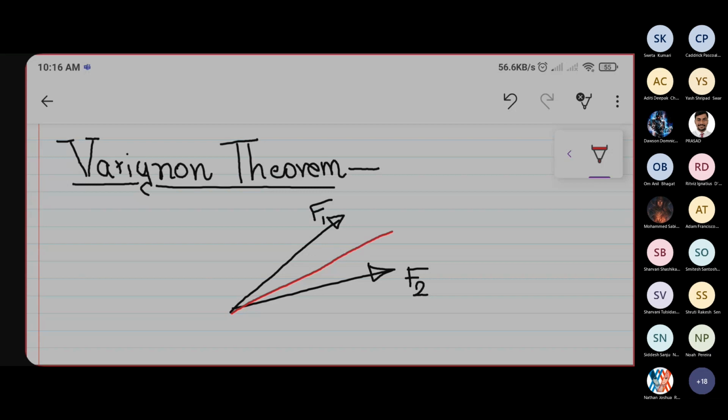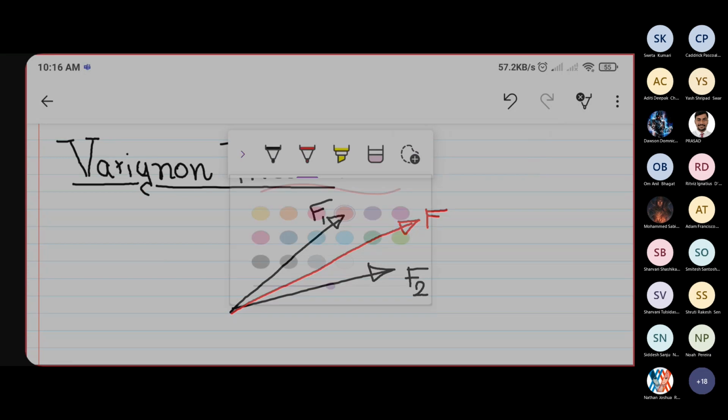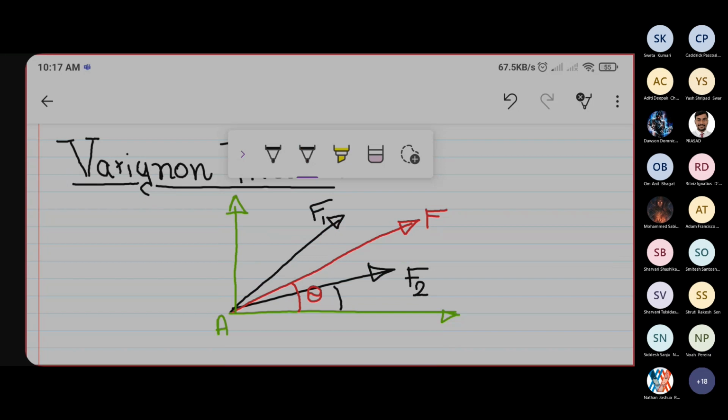Let their resultant, which we calculated, be F. Let's consider two axes, X and Y. The point where all forces are concurrent is E. Let force F make an angle theta, F2 theta 2, and F1 theta 1.